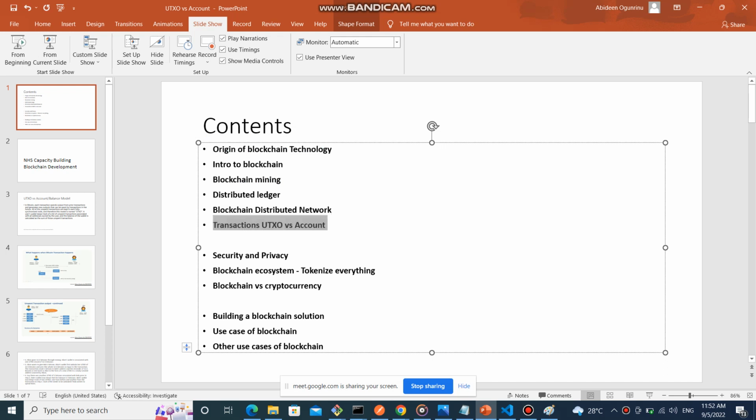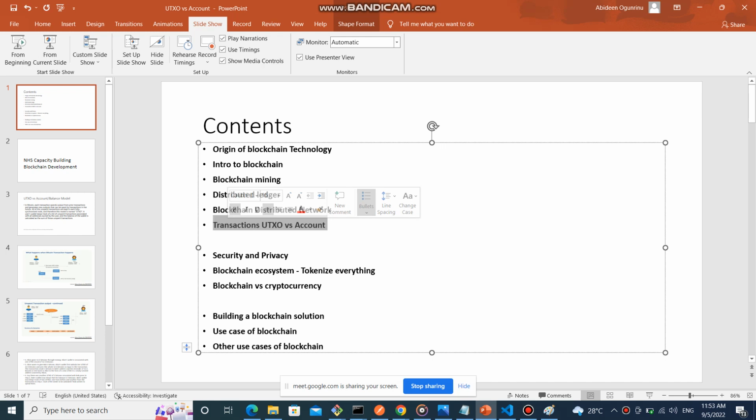Tomorrow we'll look at how these accounts work. So, for instance, I have one Bitcoin, two Bitcoin, three Bitcoin. How are these values kept on the blockchain? Since there is no central control, how exactly are we storing these values?